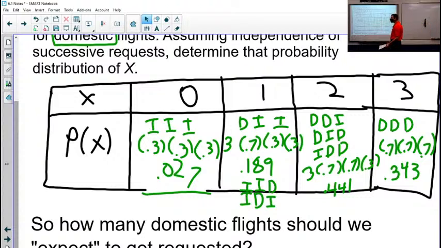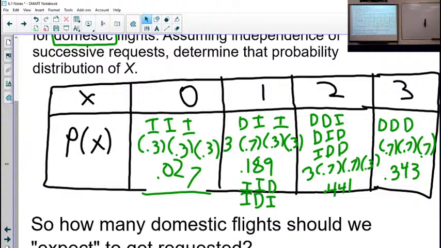And because it's asking a question of how many we expect, we're going to have a formula for this, and it's going to be called the expected value. So a reasonable answer here might be, well, 2, because 2 is the most likely outcome. So most of the time we should expect 2, but not all of the time.